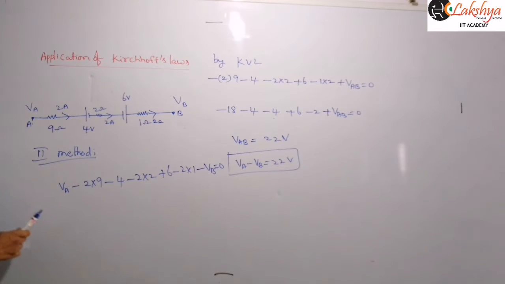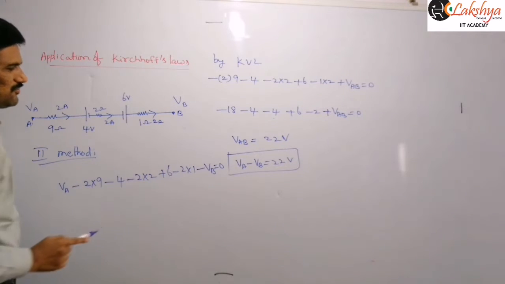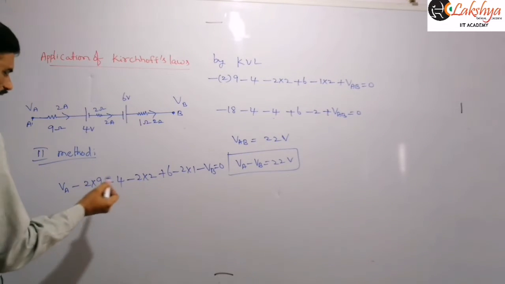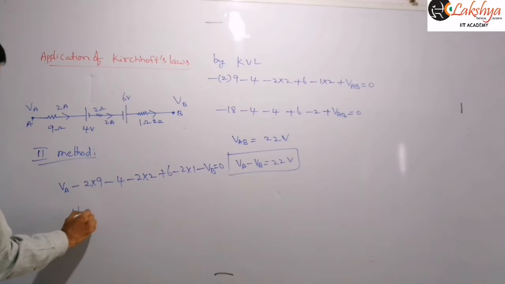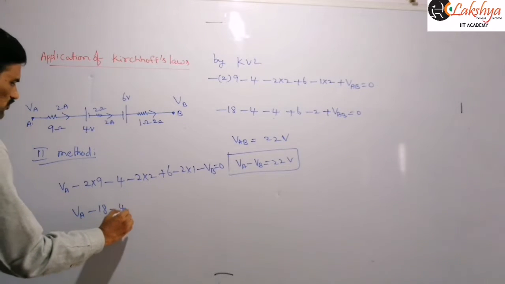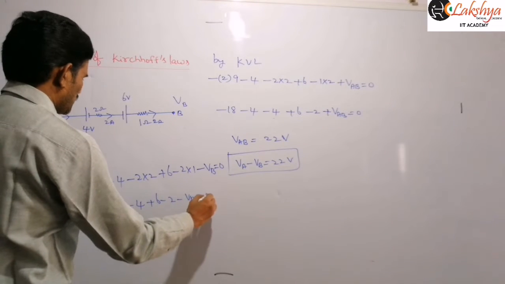Got it? So that means we are taking directly, without taking that assumption, directly we are writing, you will get the same equation only. Just the approach will be different here. So VA, then we apply for these intermediate elements, then finally minus VB we will write here. And now again you can simplify this. So VA minus 18 minus 4 minus 4 plus 6 minus 2 minus VB is equal to 0.